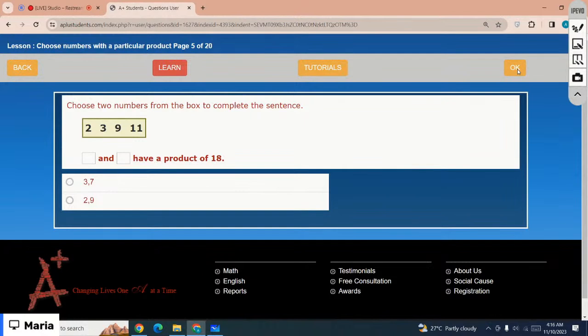Which two numbers from the box complete the sentence? Dash and dash have a product of 18.